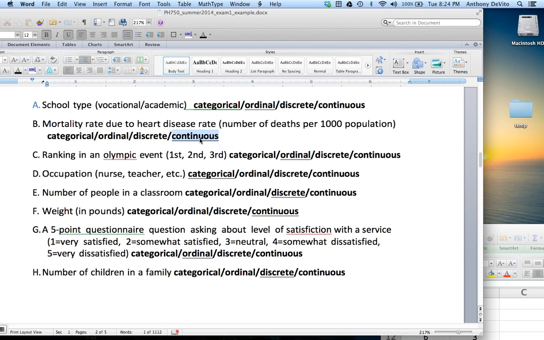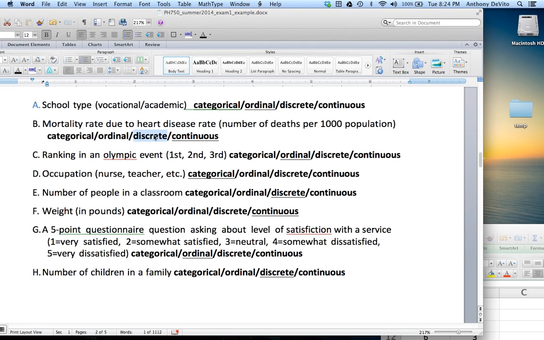I would call that a continuous numerical variable, because with number of deaths per thousand, I wouldn't assume that it's necessarily 4 per thousand or 11 per thousand, a whole number. It could be 3.7. It's based on the population, which could be a million people, and number of deaths per thousand could be a fractional number like 3.5 per thousand or 3.7 per thousand. So I would call that continuous.